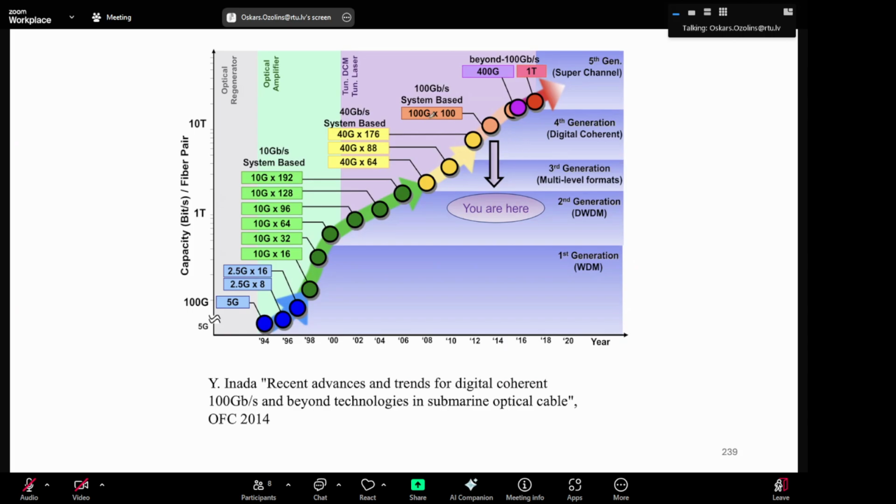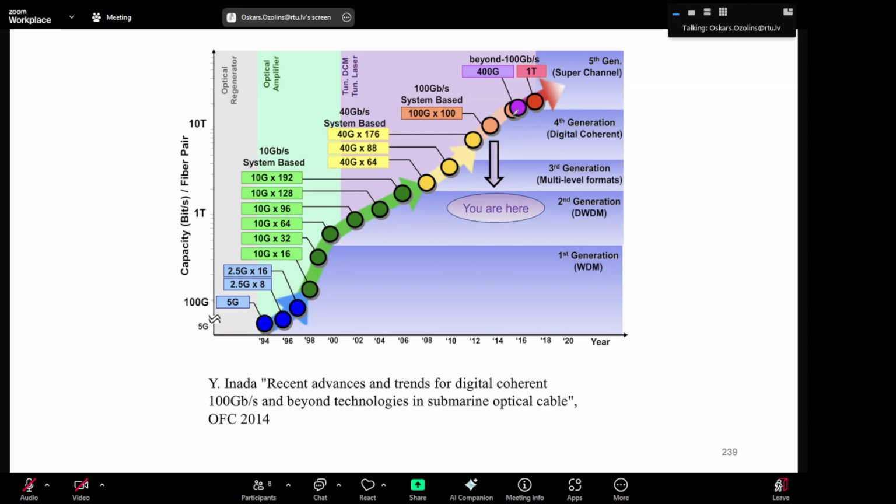These still were intensity modulation direct detection. There were also other modulation formats like phase shift keying and so on. And then it was 100 gig.